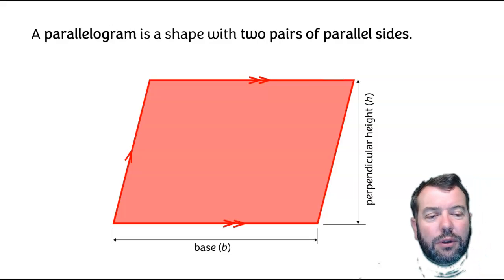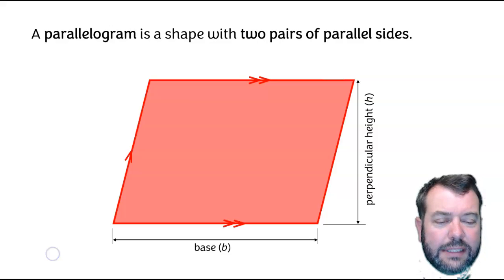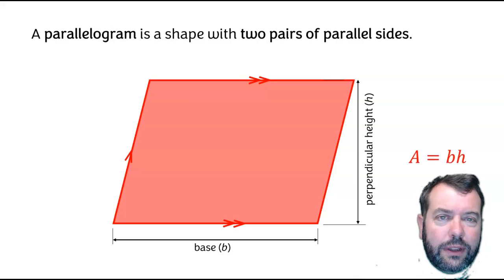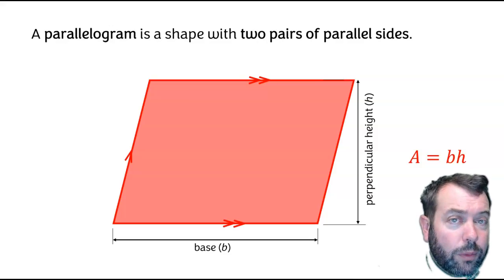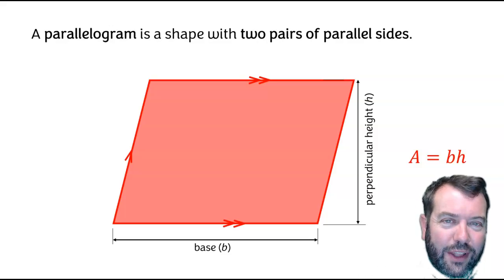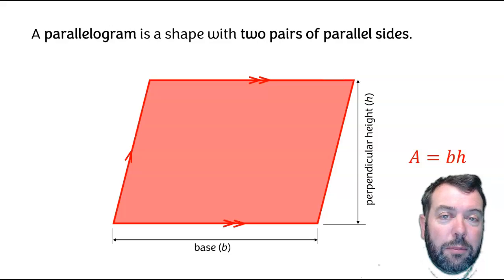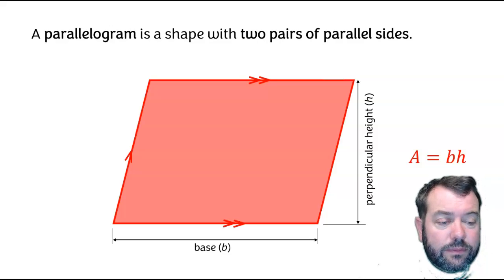So that means also that the area of my parallelogram, remember this, is the base times the perpendicular height. It is very much like our triangle formula, which is half the base times the height. But this time it is all of the base times the height. It is the product of the base and the perpendicular height.